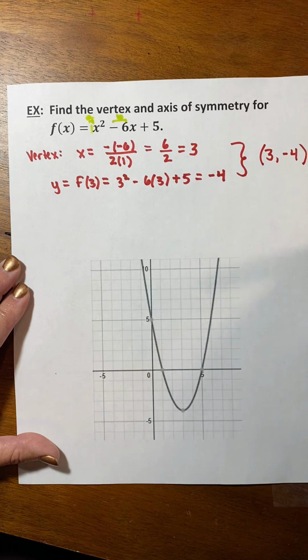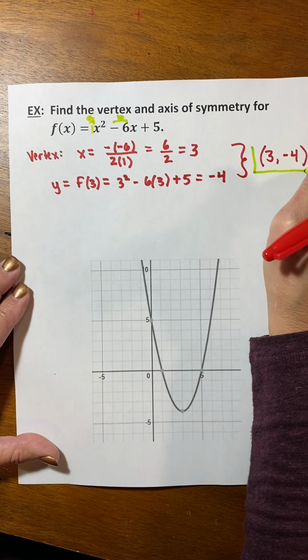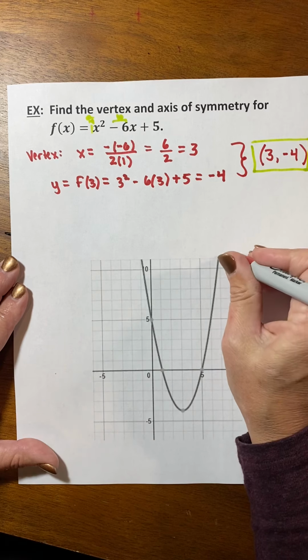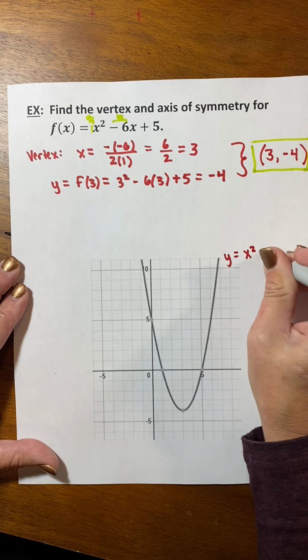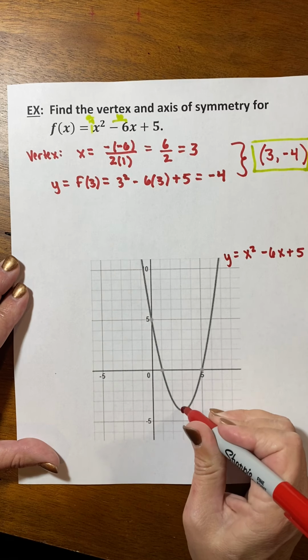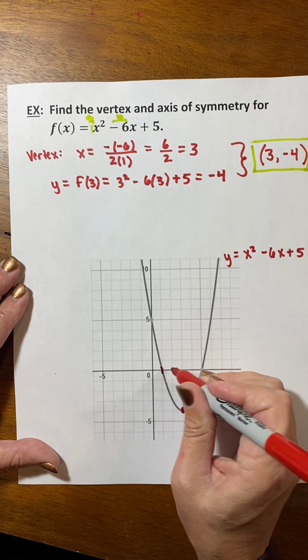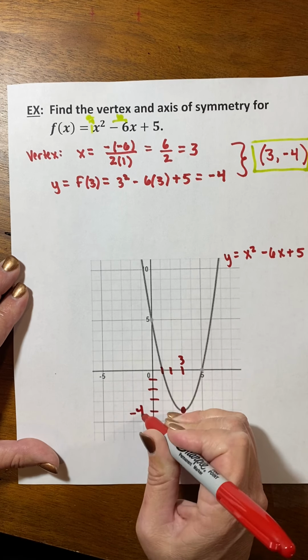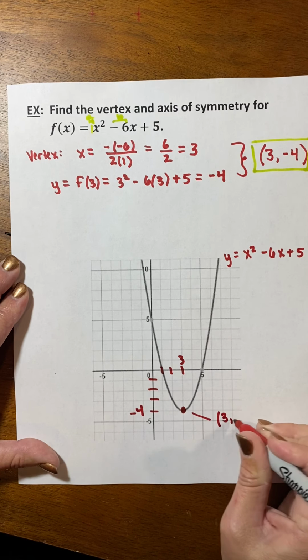The vertex is an ordered pair, has an x coordinate and a y coordinate. And if we look at the graph of y equals x squared minus 6x plus 5, the coordinates of the vertex right here are 3, -4.